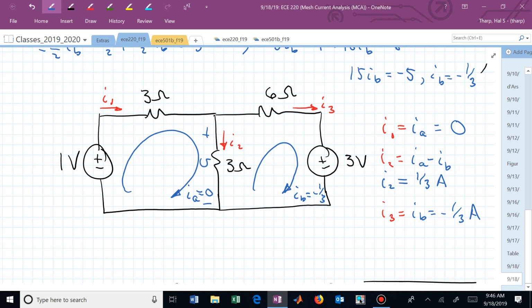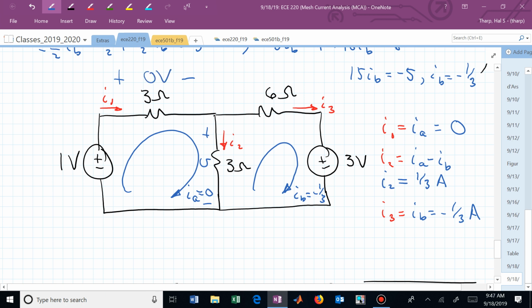So now if I looked at the left node of the horizontal 3 ohm and I looked at the right node, what's the voltage difference across that 3 ohm horizontal? What did you just tell me that voltage was?